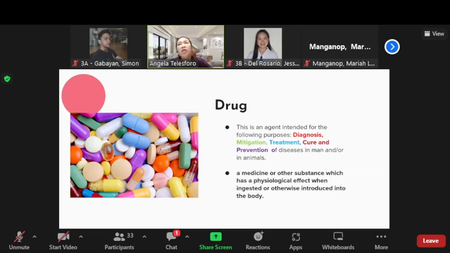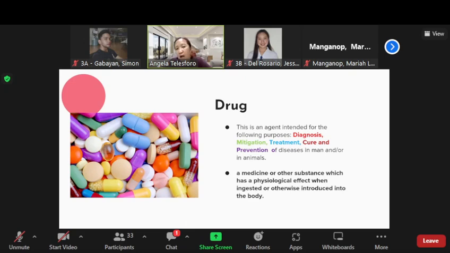Because dili ma-cure, ha? There's a difference between treatment and cure. So, ang treatment is para lang dili mag-progress o mag-worsen ang condition, dili magkaroon ng complications. And prevention, because vaccines, right? So, immunization uses vaccines, and vaccines are made inside the laboratory, the manufacturing firm. So, it is used for prevention.